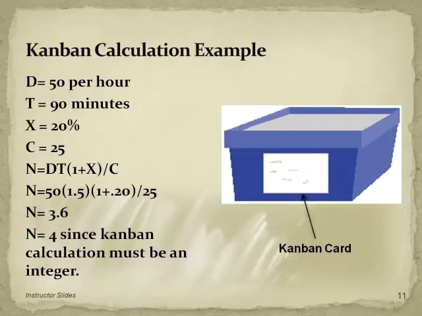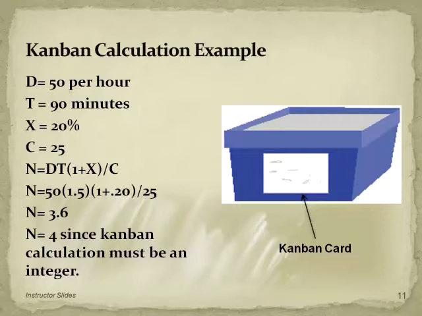In our formula, we'll use the number 1.5 for that. Our safety stock is 20%, so that's 0.2. We do the calculation, and that calculates to 3.6 containers.